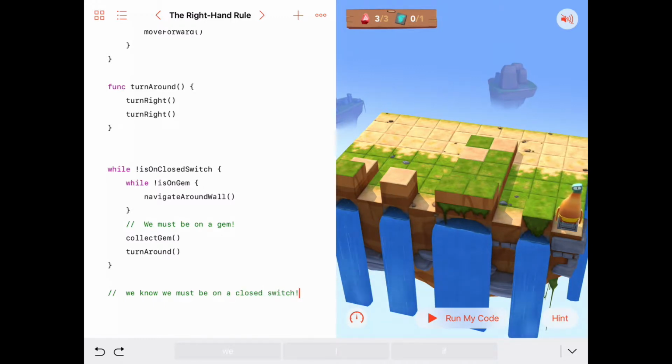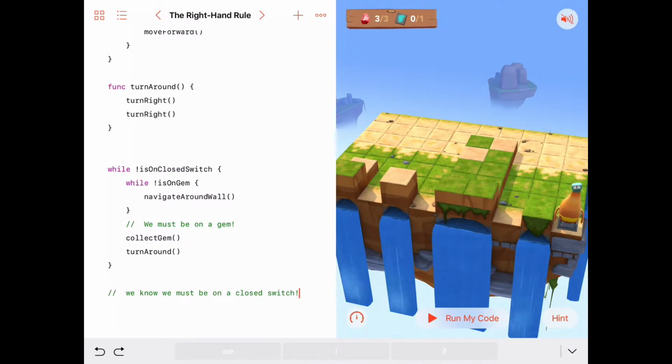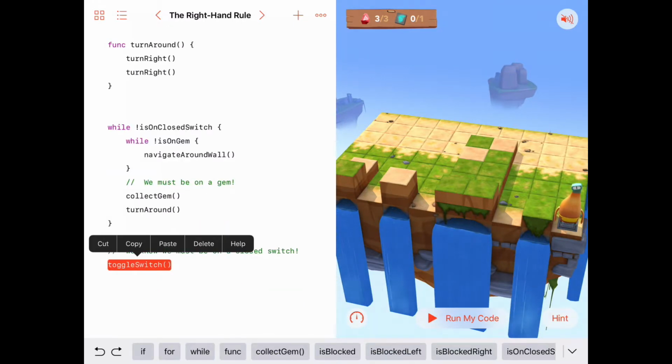We would never get to here if we're not on a closed switch, because as long as we're not on a closed switch, we're going to keep navigating around walls and collecting gems. Okay? So we know we must be on a closed switch, so at this point we can just toggle the switch. Let's try running the code.